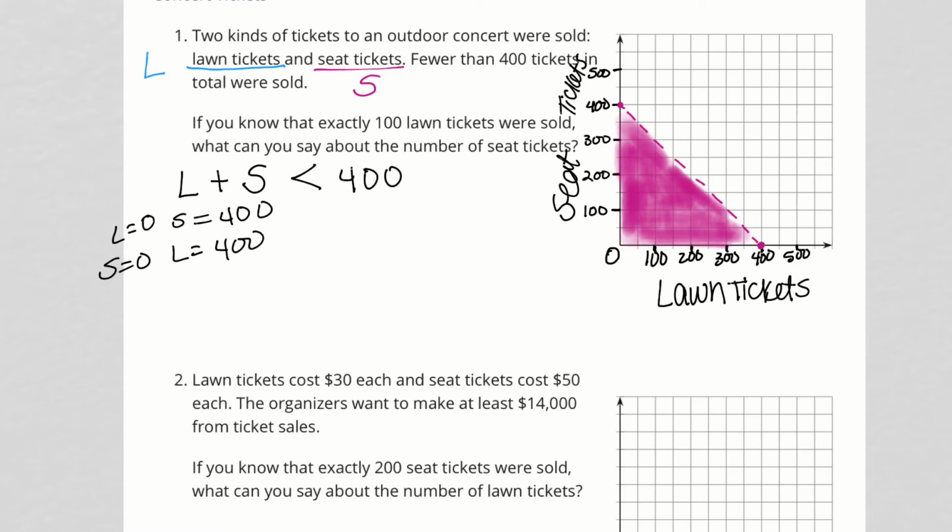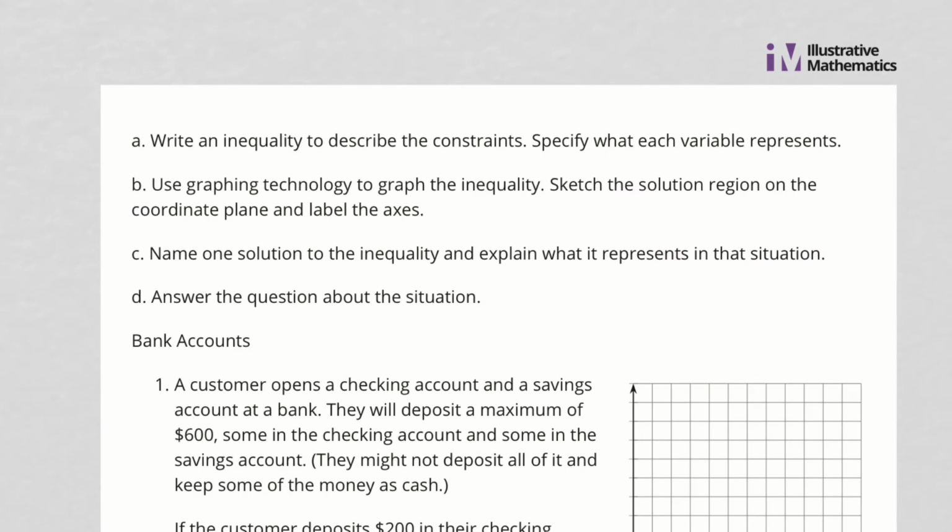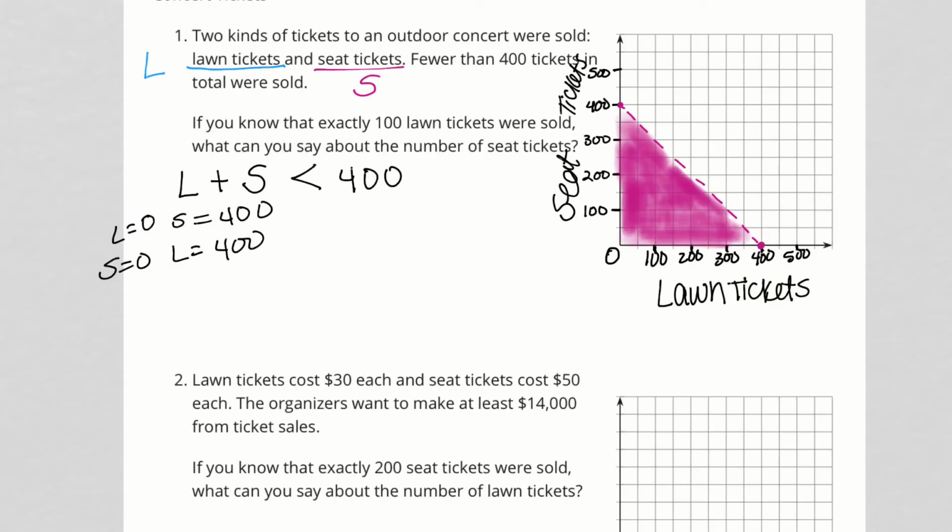All right, now we need to pick a point. I'm going to click back to the other page really quick. So we're going to name one solution to the inequality and explain what it represents in that situation. So let's pick a point in the shaded region.